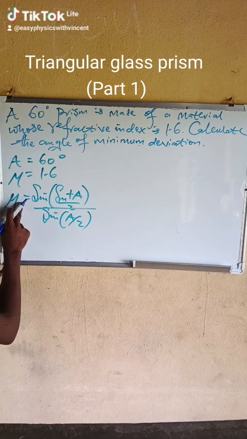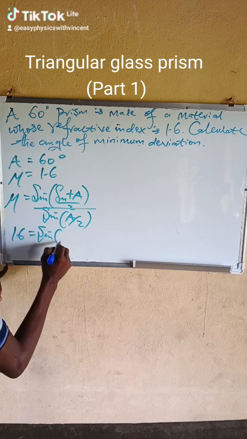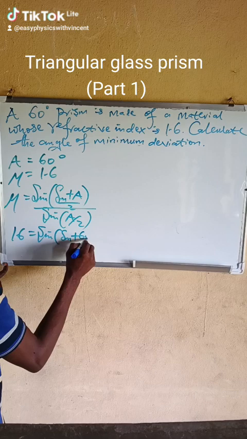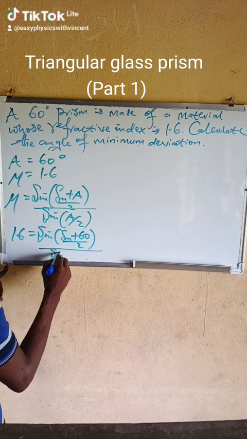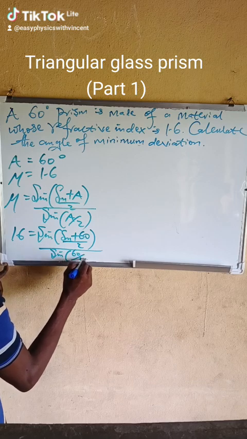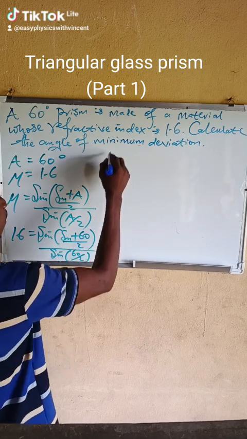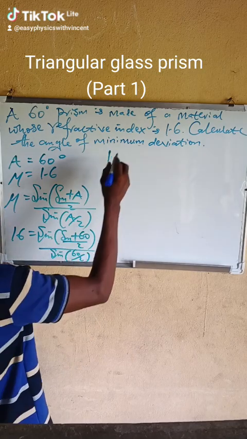So this refractive index, 1.6, equals sine of minimum deviation plus angle of prism 60 over 2, all over sine of 60 over 2, that is sine A over 2. Okay, so let me cross multiply.